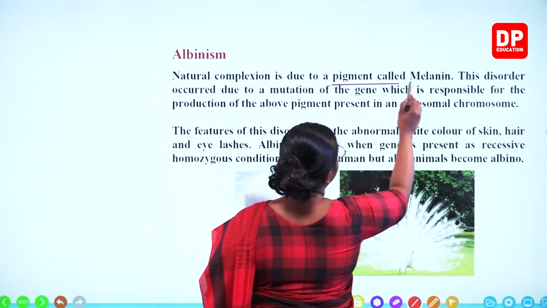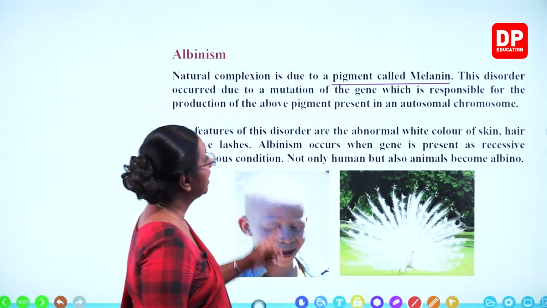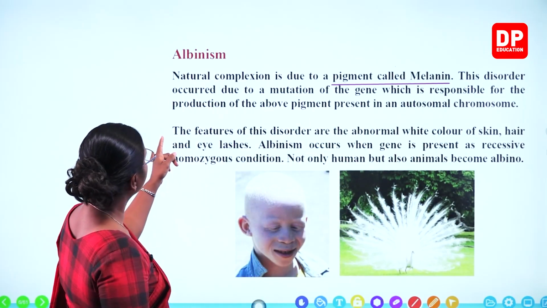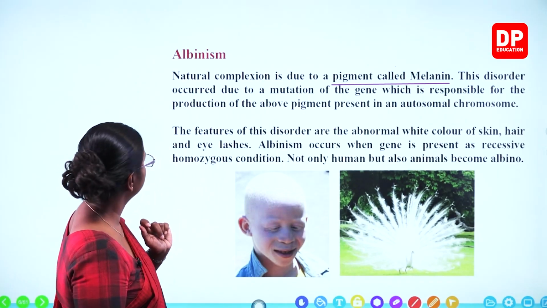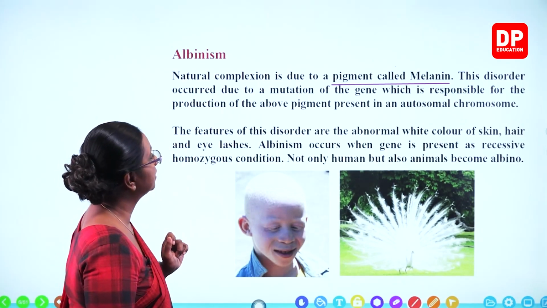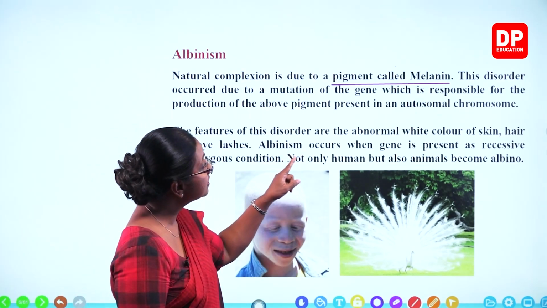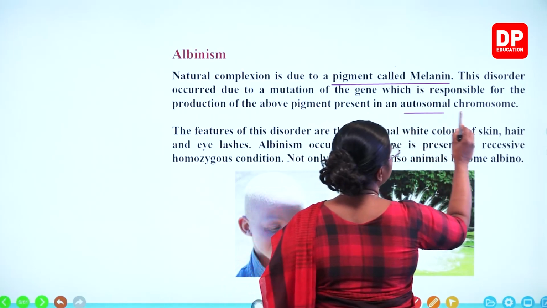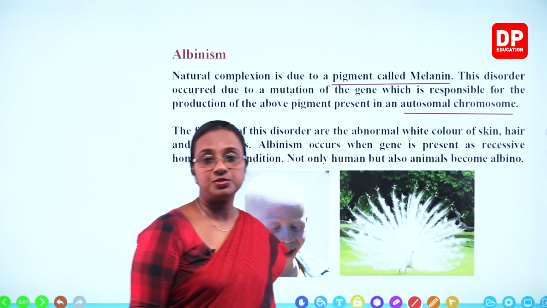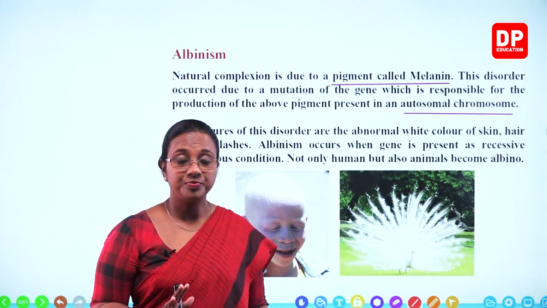Now this disorder occurred due to a mutation of the gene which is responsible for the production of the above pigment, present in autosomal chromosome. Now this is present in autosomal chromosome. You all know what they are.